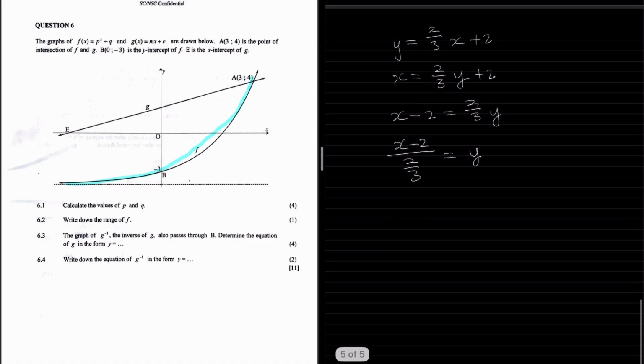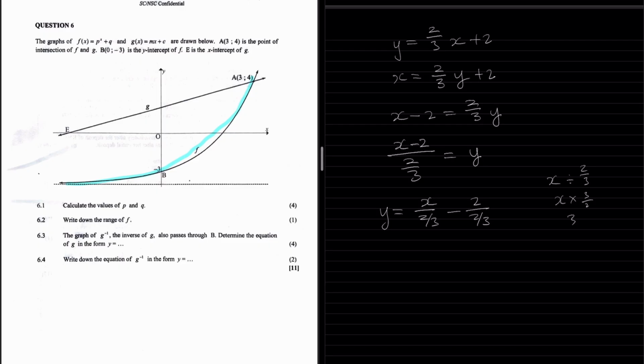Of course, now we can go a bit further, and let's do that. So what we can do now is you can say y = x divided by 2/3 minus 2 divided by 2/3. Now remember, x divided by 2/3 is the same as x times 3/2.